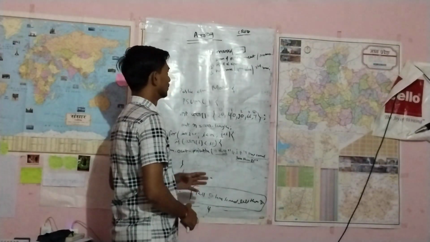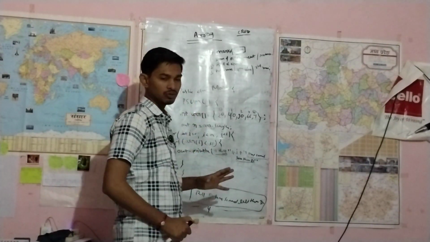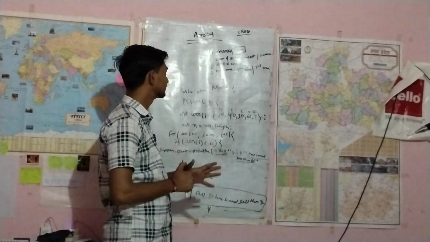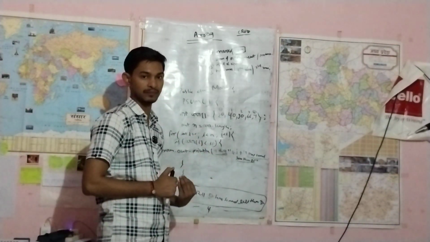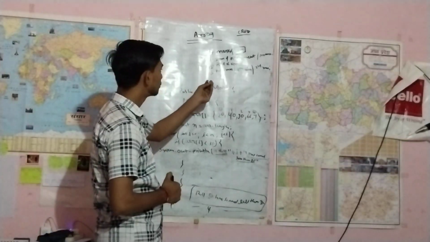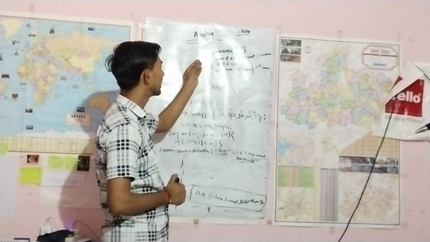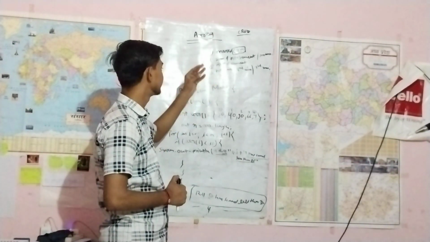Okay, so this was all about the students who have scored marks less than 35, and there are a few more examples that I have written on the board, so let's elaborate on it.